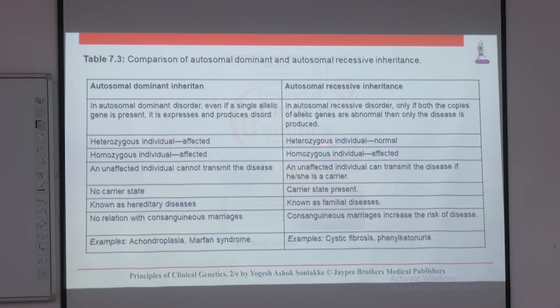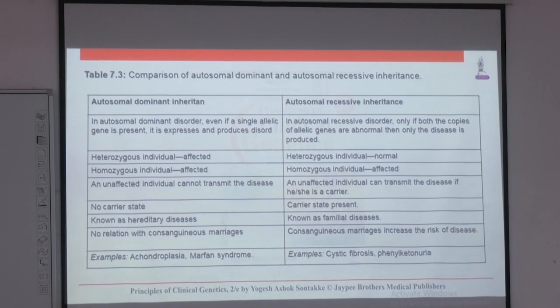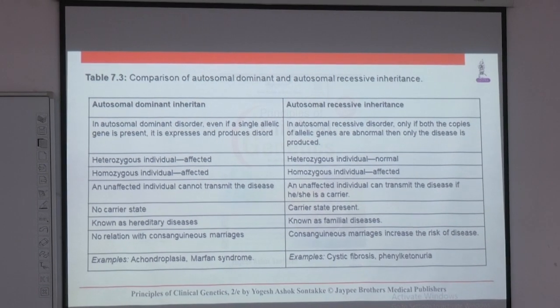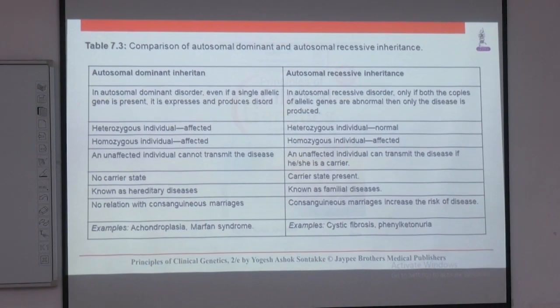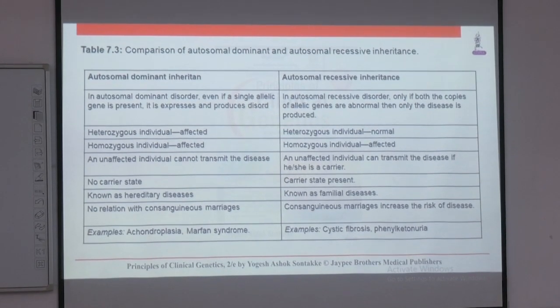It is only a homozygous individual in case of the recessive who is going to be affected. There is no carrier state in dominant; only here in recessive do we get the carrier state. Then the chance of the disease being transmitted is 50% in case of autosomal dominant, and 25% in case of the recessive. So these are the comparisons of the autosomal recessive and autosomal dominant inheritance patterns in pedigree analysis.